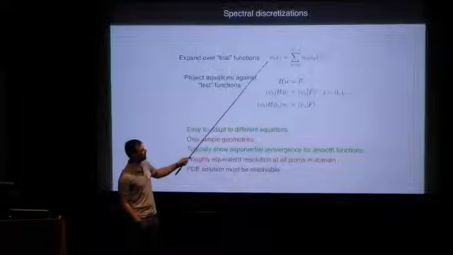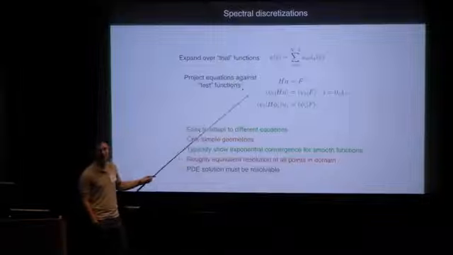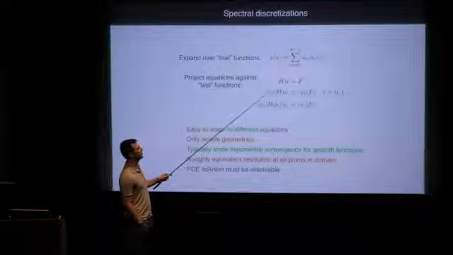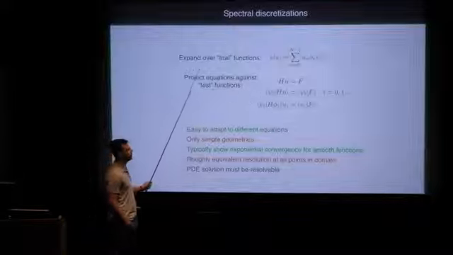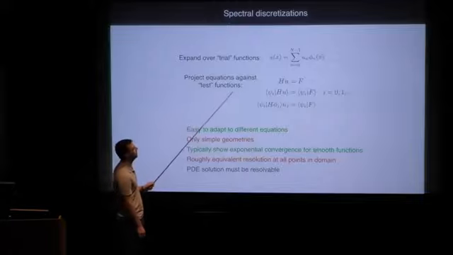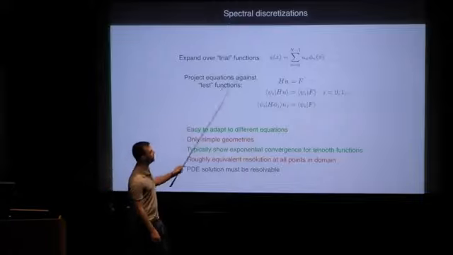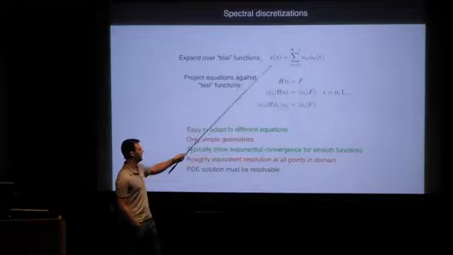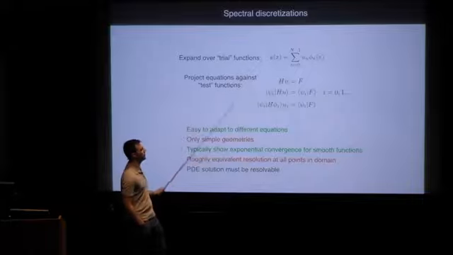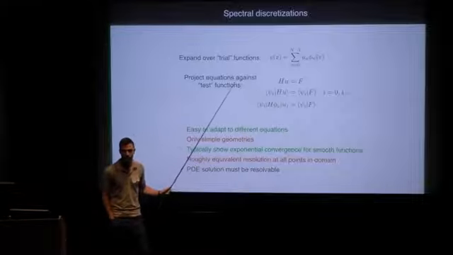So you insert the expansion into the equation, and then you project the resulting system against another set of basis functions. In the traditional parlance of the finite element community, and also in the spectral community, we call the functions phi that we use to expand the unknowns the trial functions, and the functions psi that we're projecting against the test functions.